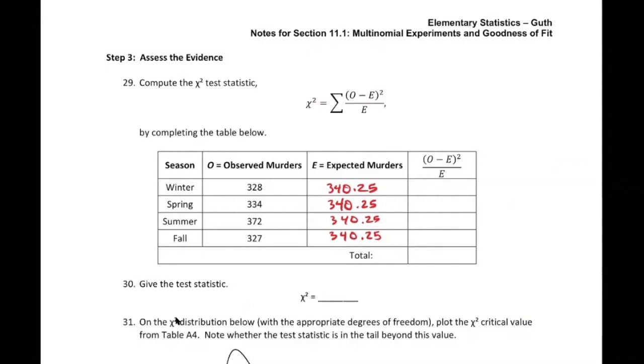So again, this first one, I'll write down what you're typing in on your calculator. Put it in parentheses, so 328 minus 340.25, close parentheses and square, and then put that over 340.25. And honestly, I don't know if you remember, but once you do one of these, well, hang on, I'll do one of these.